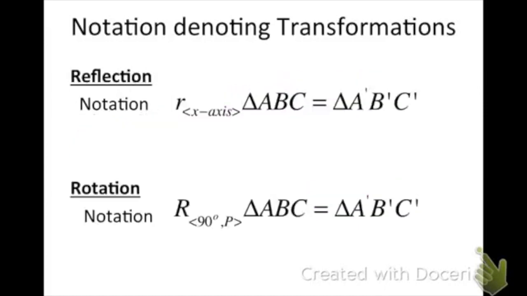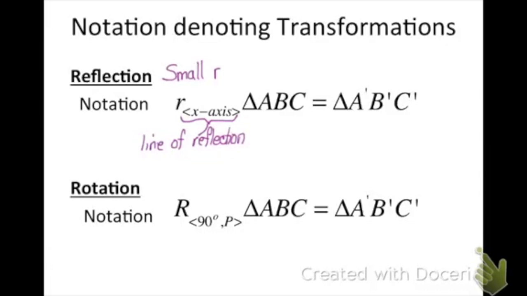All right, when you're talking about a reflection, the notation that you're going to use is a small r. And then there also is going to be some subscript. And again, I'm going to put mine in brackets, but that's not always in brackets. But what is in the subscript is going to be what your line of reflection is.